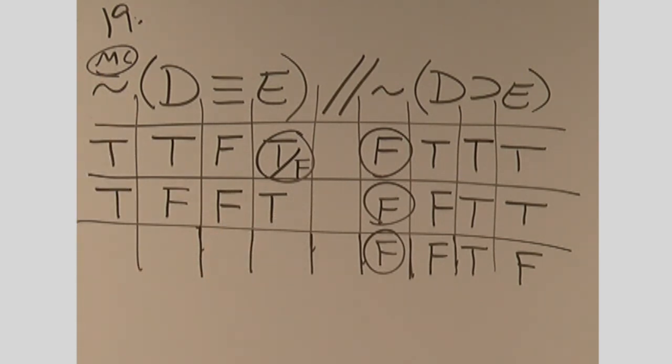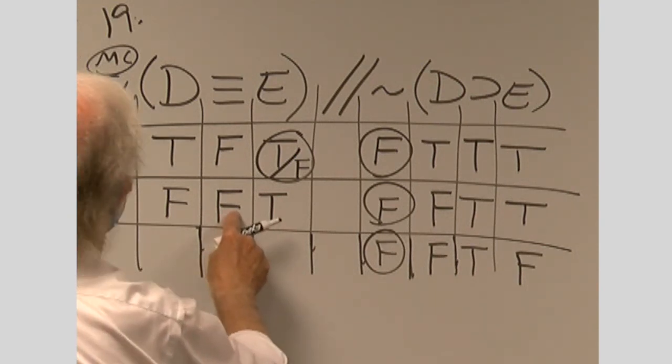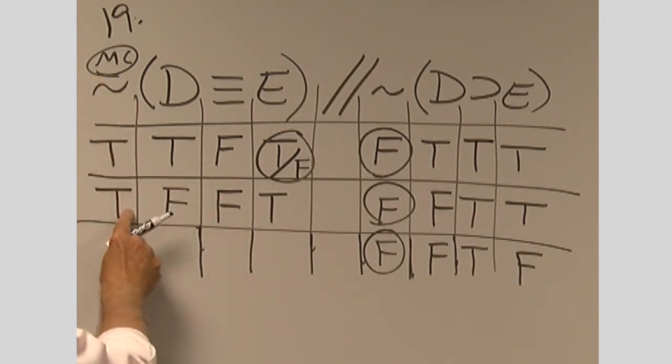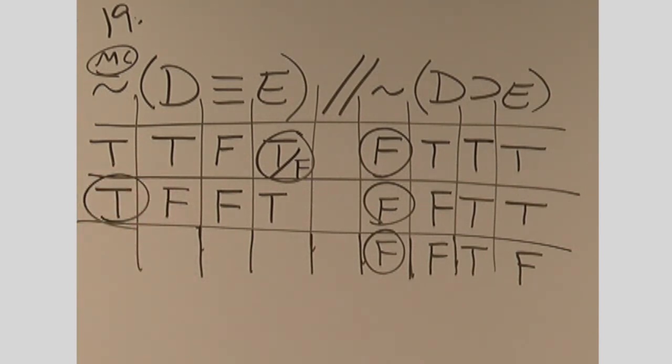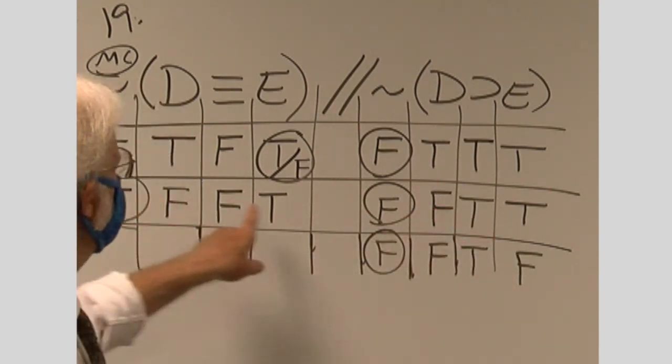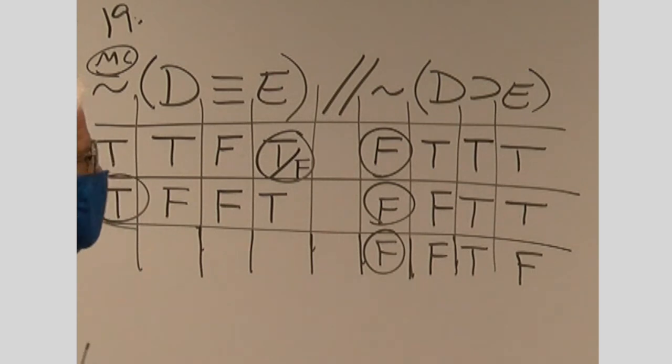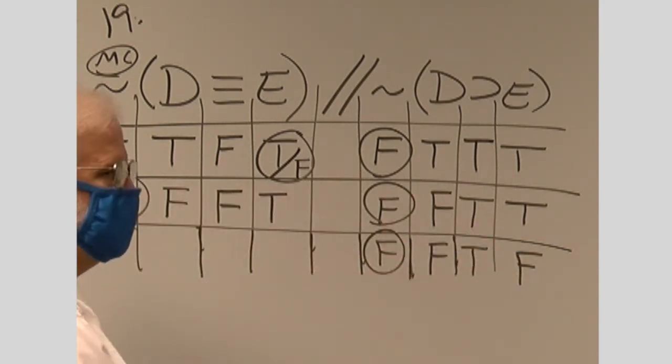Yes, it would. It would make the triple bar false and hence the tilde true. What does that mean? Looking at this second row, I was able to consistently assign truth values, making all of the premises true, but the conclusion false. I can stop there. I've got a row without a contradiction.